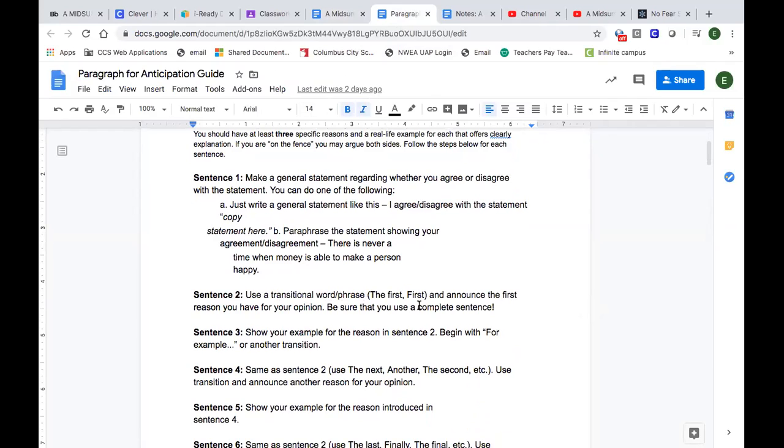An example of this would be, the reason first, I believe that sometimes people get overwhelmed with emotions, especially in certain circumstances. For example, when women are pregnant, they cry a lot because their emotions are bananas.